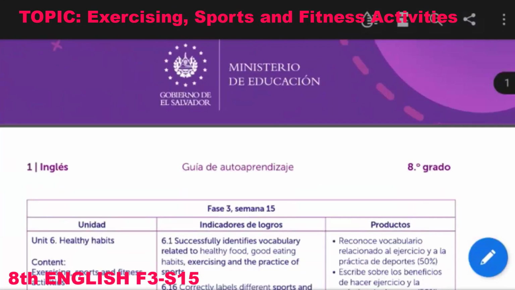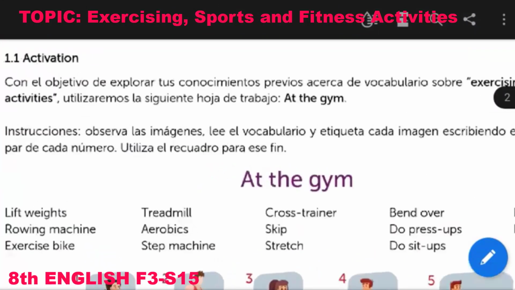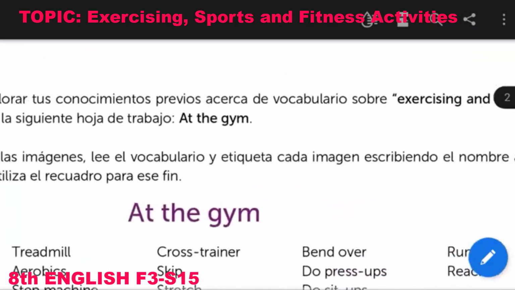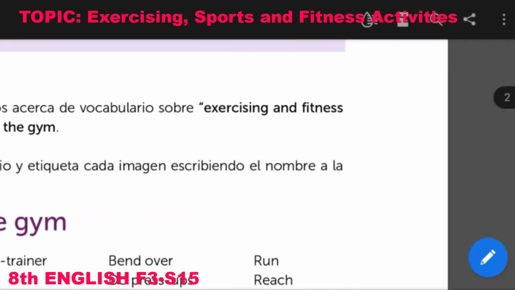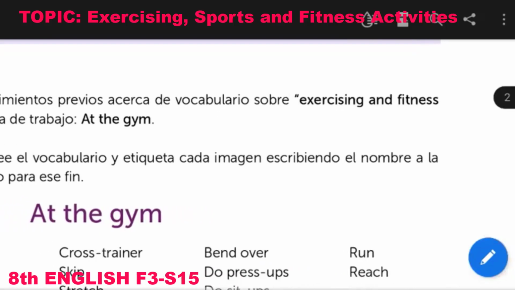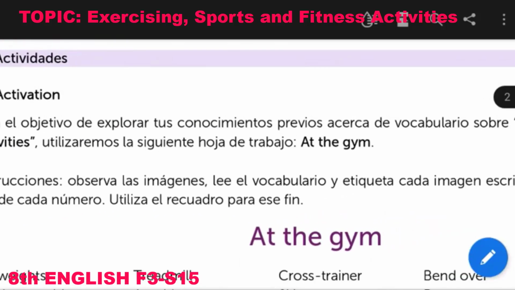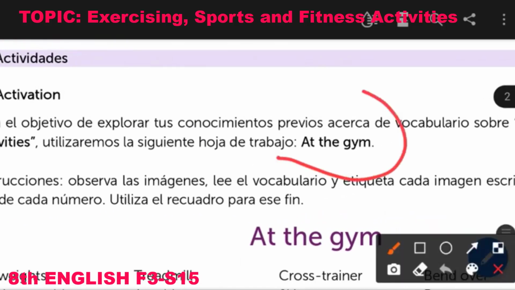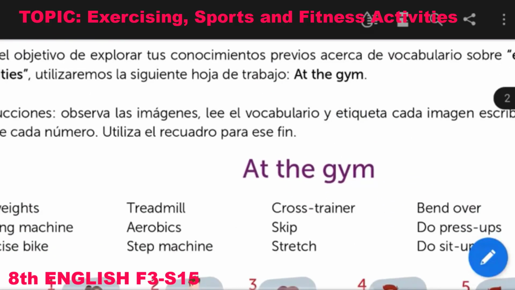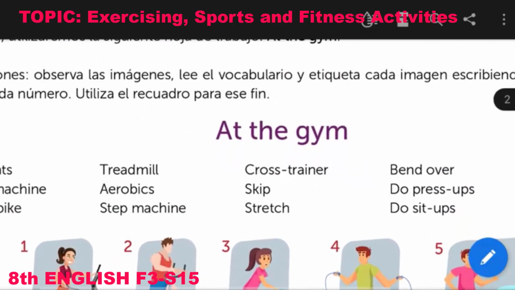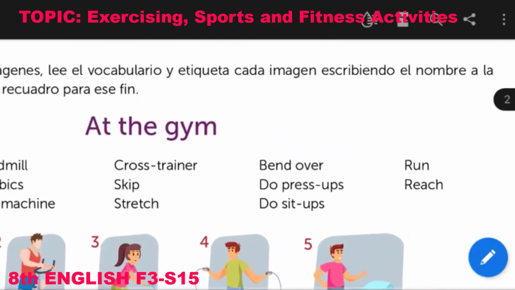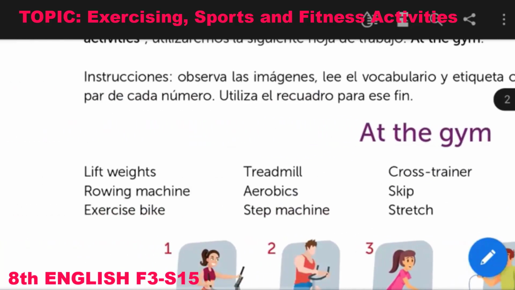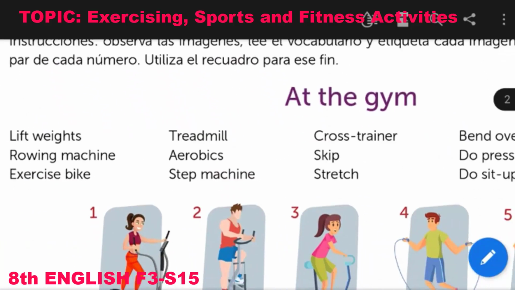Okay, so here in the activation part, con el objetivo de explorar tus conocimientos previos acerca del vocabulario sobre exercising and fitness activities, utilizaremos la siguiente hoja de trabajo. At the gym. Instrucciones. Observa las imágenes. Lee el vocabulario y etiqueta cada imagen escribiendo el nombre de cada número.